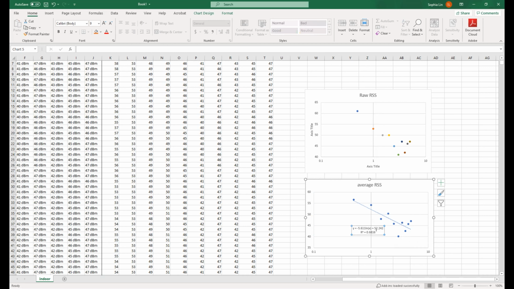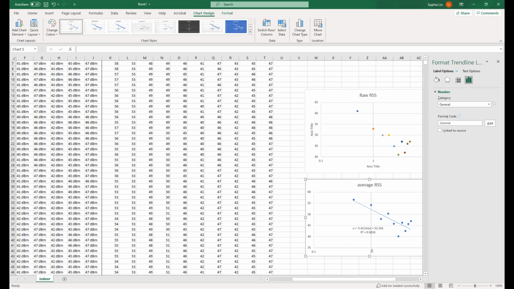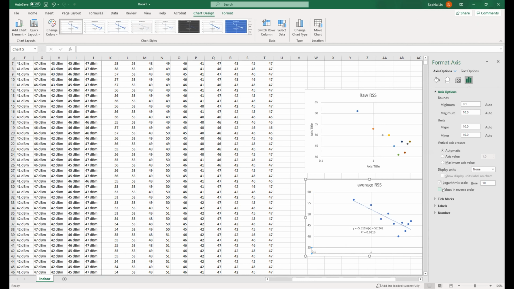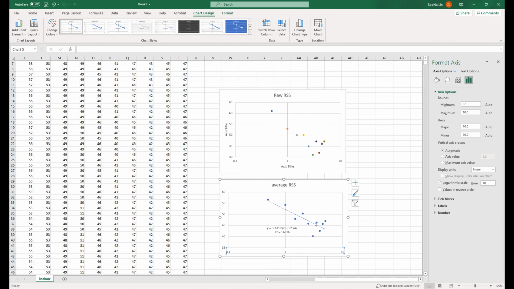Okay. And also the lab said to plot as linear, but the line that I was fitting was not linear. I fitted a logarithmic line because it's a logarithmic scale. Is that right?